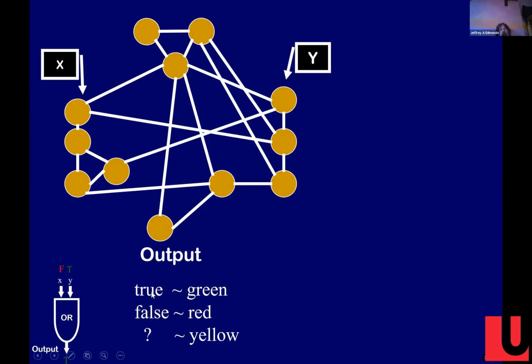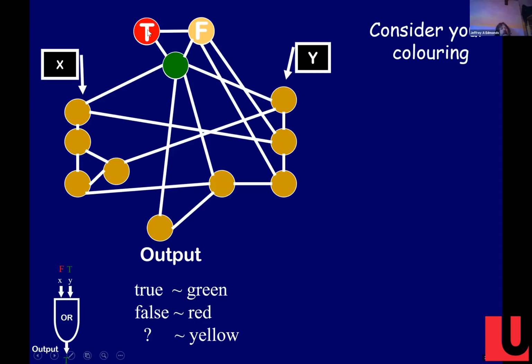And we need to map true to green and false to red. And yeah, we have the third color who keeps changing what its color is. Right? So this palette up here is going to define what we consider to be the true color and the false color. So this node right there is going to be the node that we call the true node.